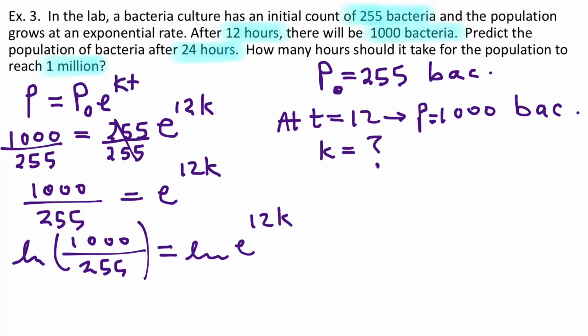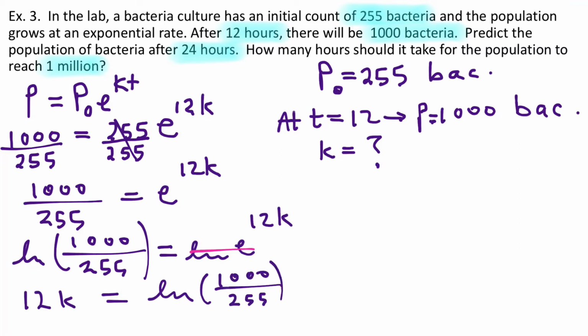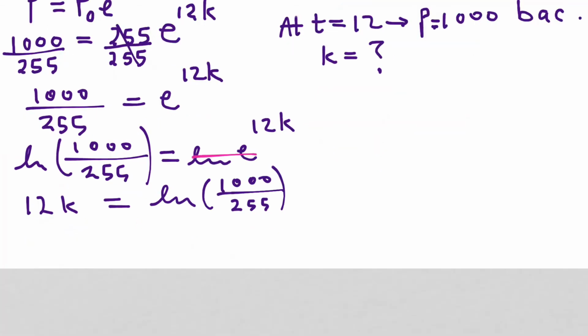That allows us to cross these out. So we have 12k is equal to the natural log of 1,000 over 255. If I divide by 12, I'll have k is equal to that there.